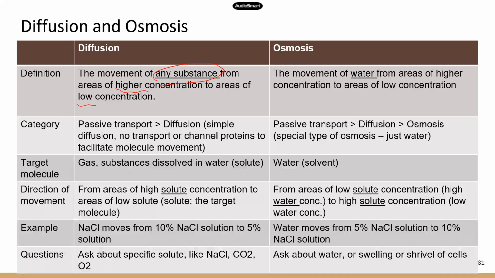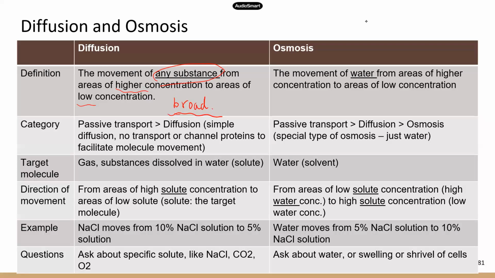So again, diffusion covers any substances. Could be glucose, it could be different ions, sodium, chloride, potassium, could be proteins. So diffusion is really broad. It has a very broad target of molecules or substances in the transportation process.